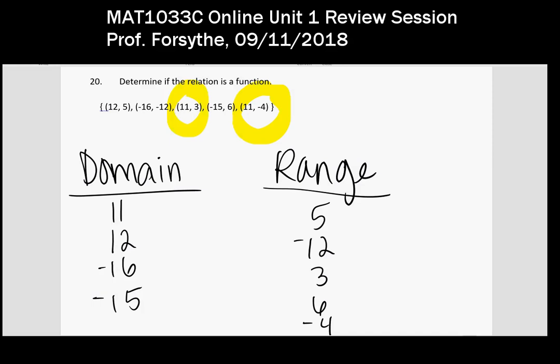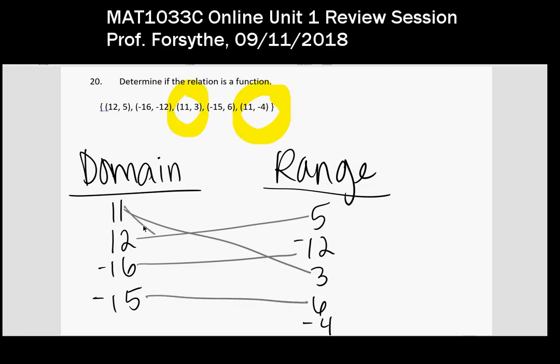So I'm going to connect them based on the points. 12 goes to 5. -16 goes to -12. 11 goes to 3. -15 goes to 6. And 11 goes to -4.